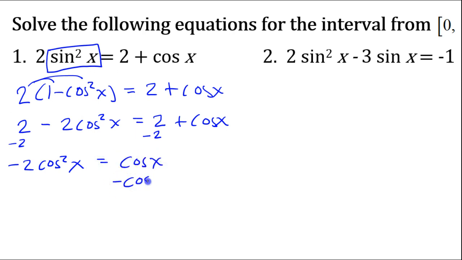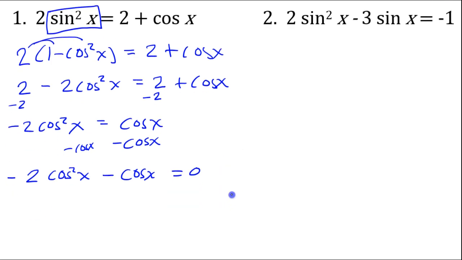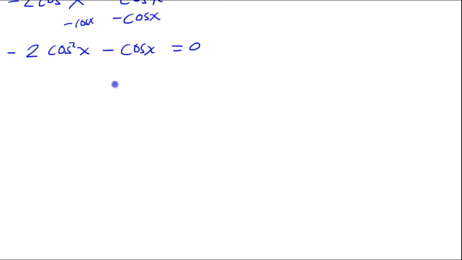Let's go ahead and subtract cosine x from both sides as well. Now these are not like terms, so I'm just going to put them side by side. So now I have negative 2 cosine squared x minus cosine x is equal to 0. Now, cosine is a common factor. Actually, before I pull out the GCF, I don't like the fact that this is negative in the front.